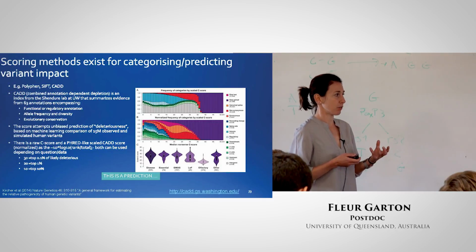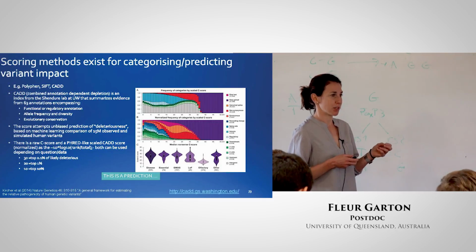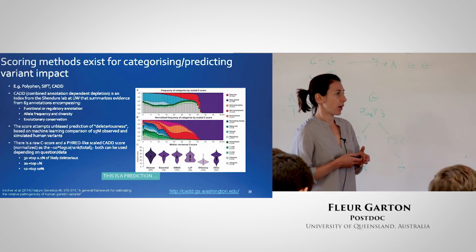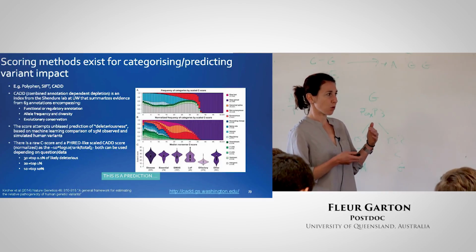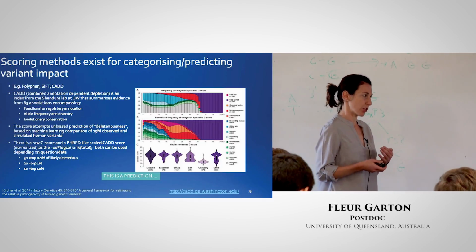They provide a raw C-score and a PHRED-like scaled score, and this is normalized. They say both scores are useful depending on what your question is.